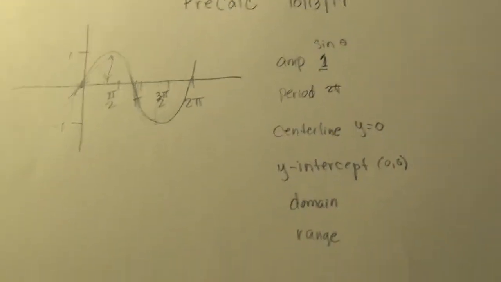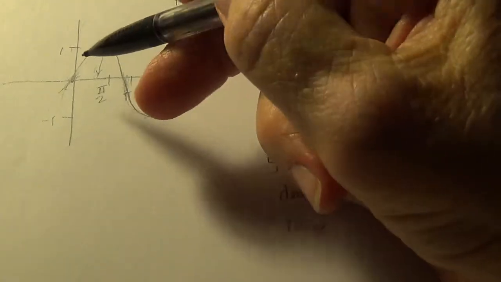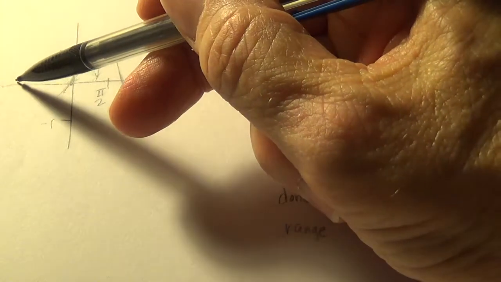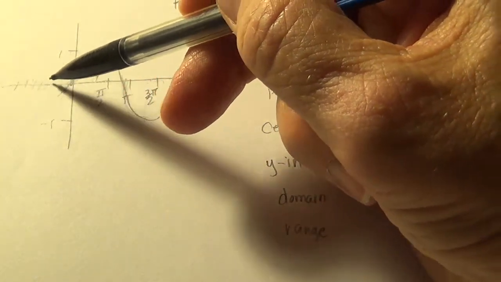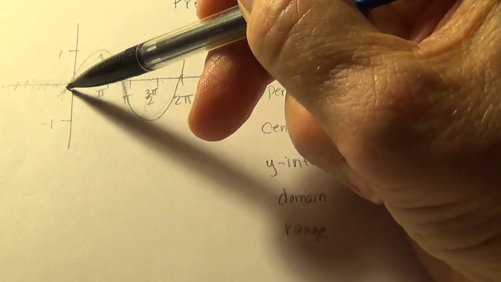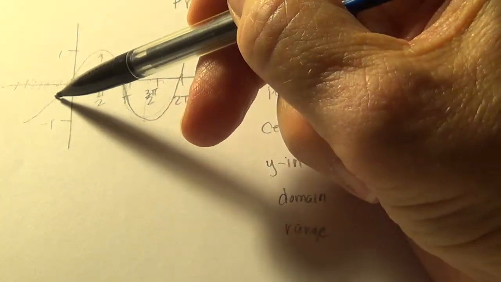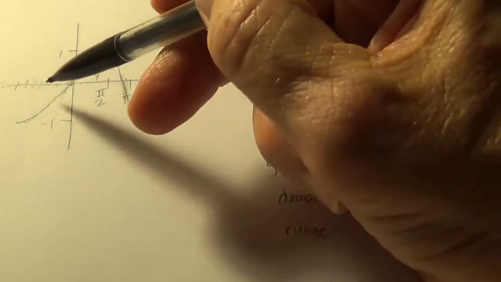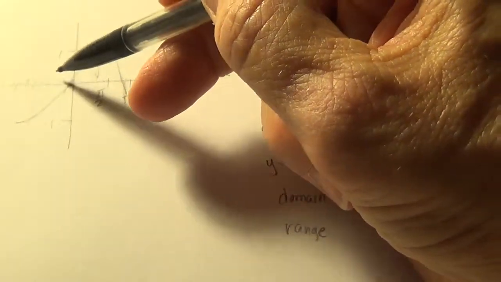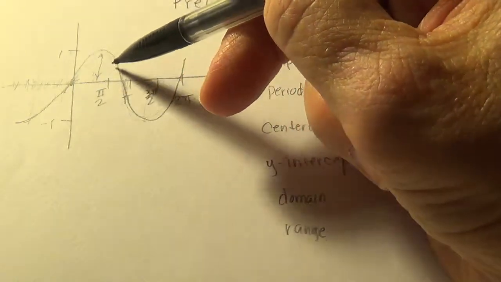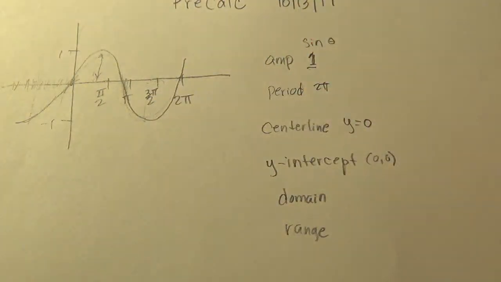And lastly, what's the domain and the range? The domain is all the x's that will touch this graph. So I start down here with a bunch of x's, and as it goes up and down, this graph goes forever. No matter where I pick an x, if I go up or down, I'm going to hit the graph somewhere. So every x is connected to this graph.